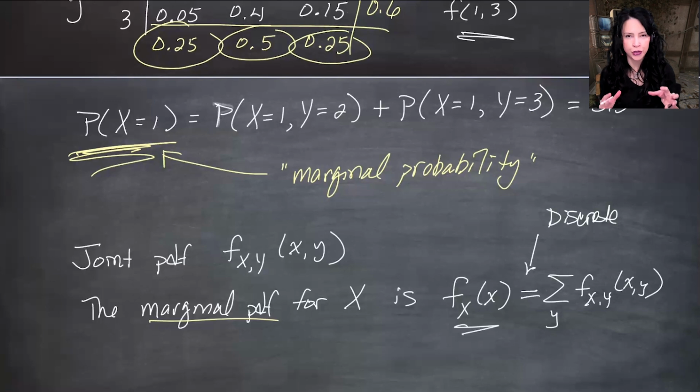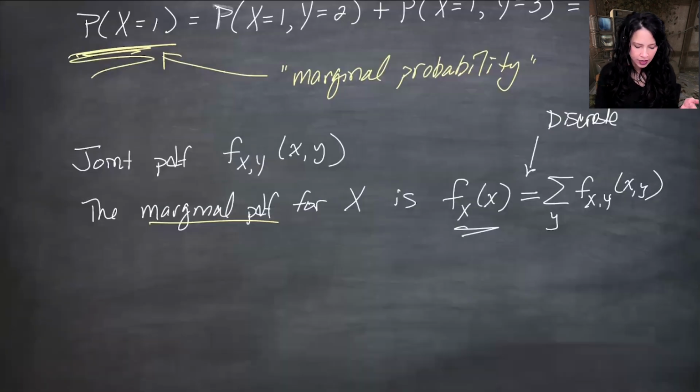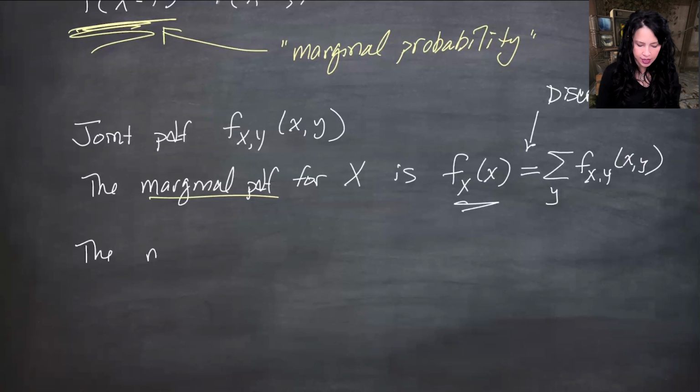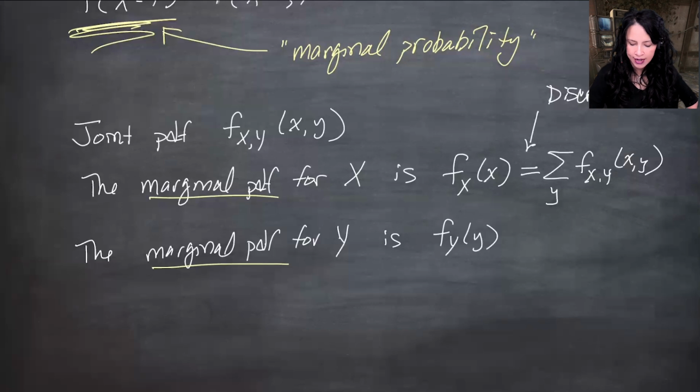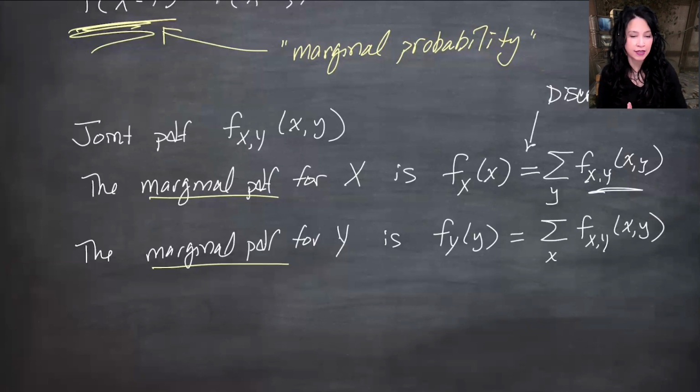That's how you get the marginal PDF for x alone. And similarly, the marginal PDF for y, which I'll denote by f sub y of y, we get by taking the joint PDF and summing out all the x's, in the discrete case where summing makes sense. So let me know if there's anything I can clear up, but I am going to go on to the continuous case. Let's do it.